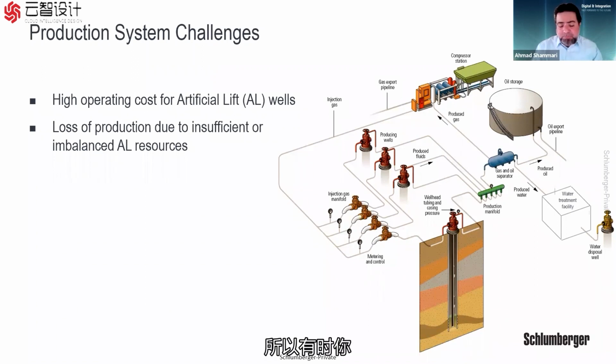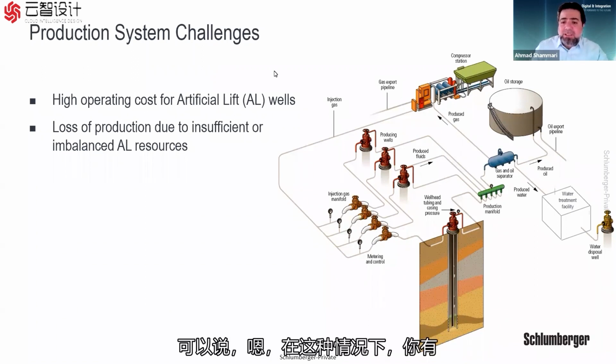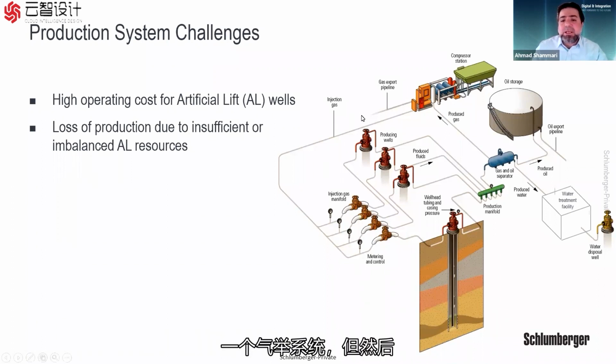We have loss of production due to insufficient or imbalanced artificial lift resources. In this case you have a gas lift system, and you are controlling how much gas goes to each well using the chokes, right? Sometimes the gas injection rate is not enough for certain wells.